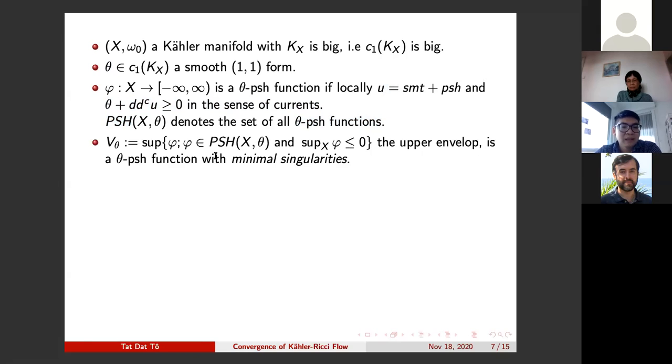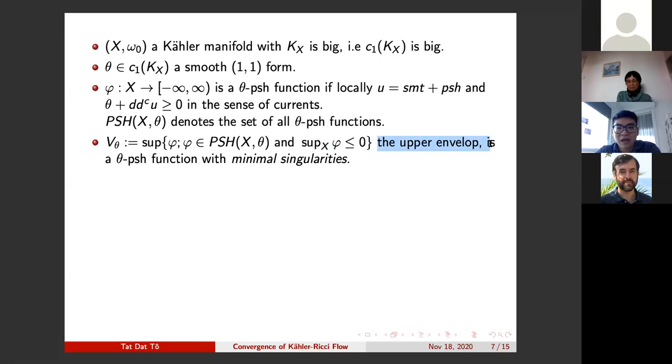And we can define another special function in this class of PSH functions: the supremum of all theta-PSH functions such that the sup norm of the function is less than 0.